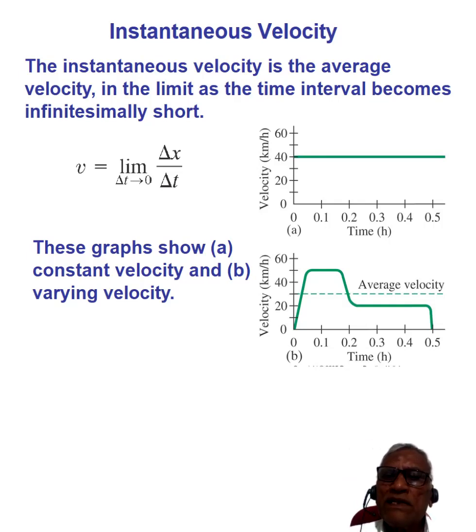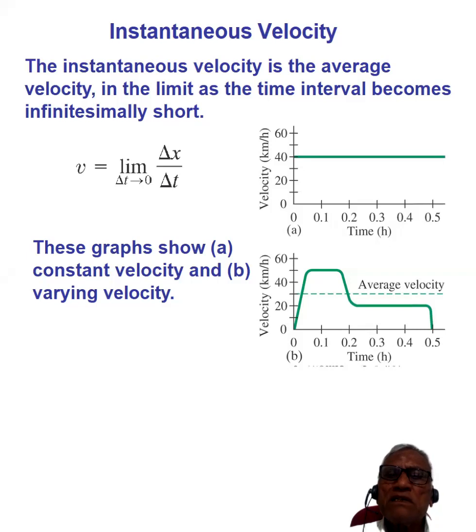The displacement traveled by the object is given by the velocity around that point. Here the velocity is constant, here it is increasing, here decreasing, this is constant, then it falls to zero.